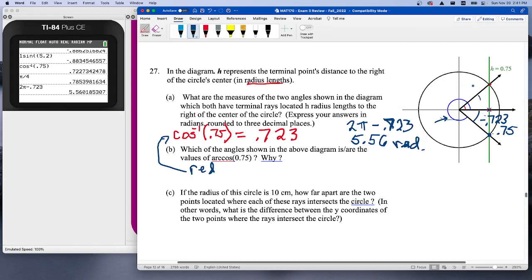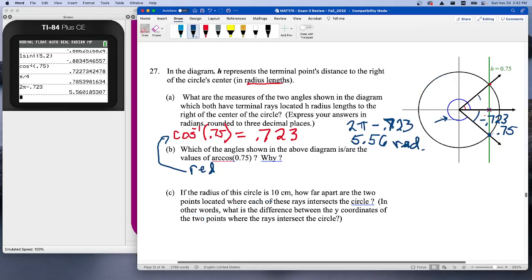And so when we take an inverse cosine, it's going to give us an output range from 0 to pi. So we can't get the blue angle except with the calculation. When we're using inverse cosine, for the answer to be the direct answer, the angle has to be between 0 and pi.